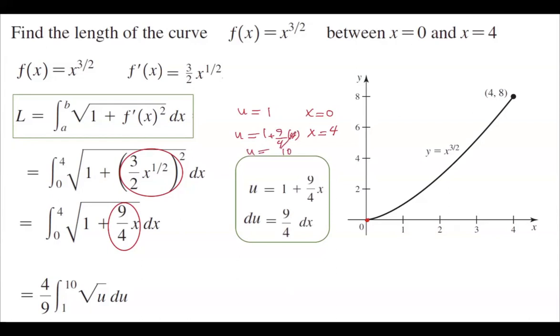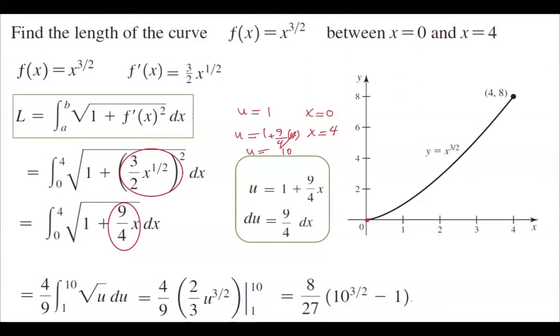That's how you end up with these upper and lower bounds, which in turn is 4 over 9 times 2/3 u to power 3 halves from 1 to 10. Well, the number that you're getting is 8 over 27 times (10 to power 3 halves minus 1). If you use a calculator, you get 9.1 units. That is the length of the curve.